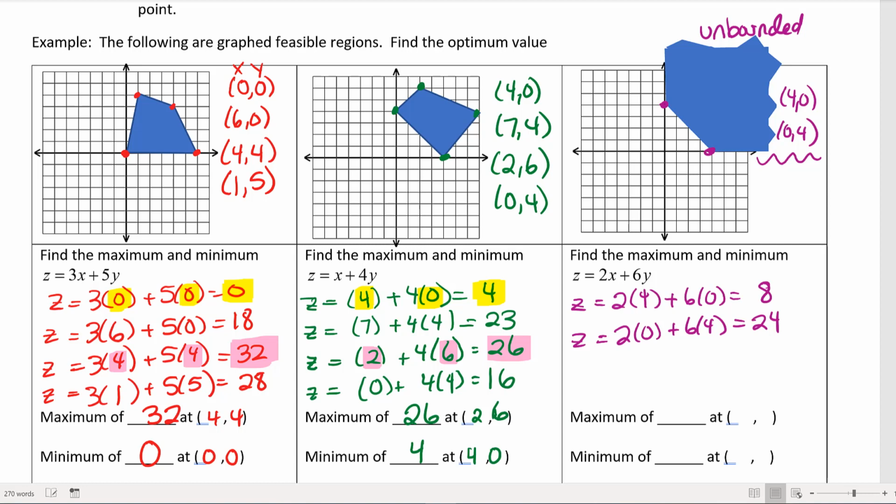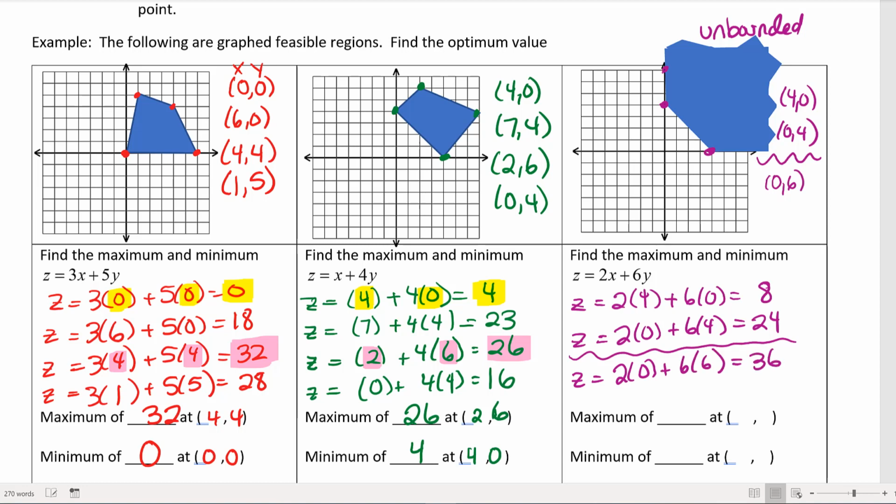Well, at (0, 4), I was at 24, so what if I pick something even higher than it? What if I pick (0, 6), which is not a corner point, but let's just find out what happens. Is it going to get bigger than 24? Is it going to get smaller than 8? I don't know. So we have 2 times 0 plus 6 times 6.